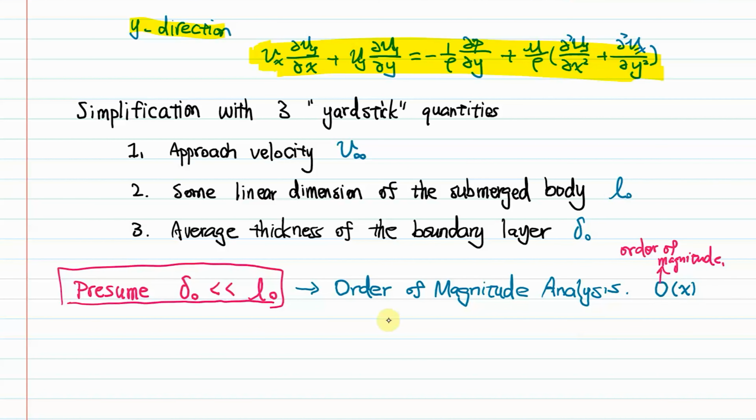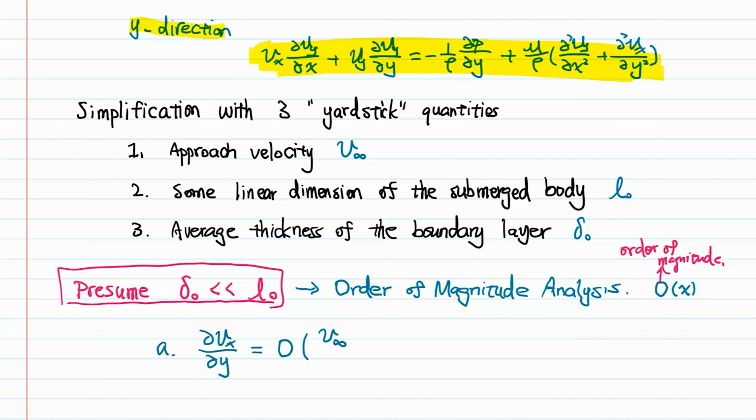So first, let's take a look at the common term appearing in all equations, partial Vx partial y. We can know that the order of this would be on the order of what? On the order of the approaching velocity V infinity, because Vx is pointing downstream.